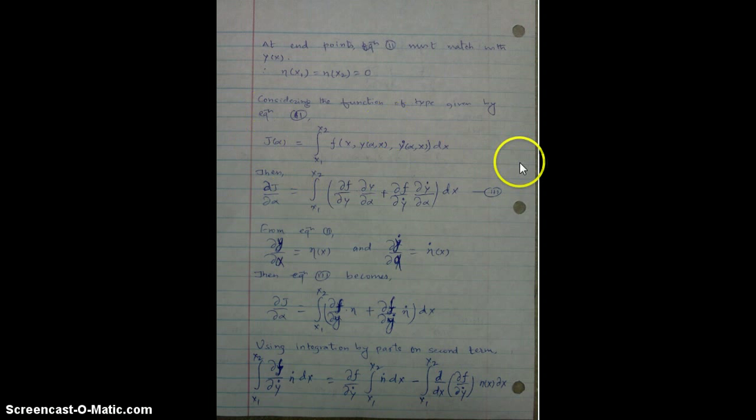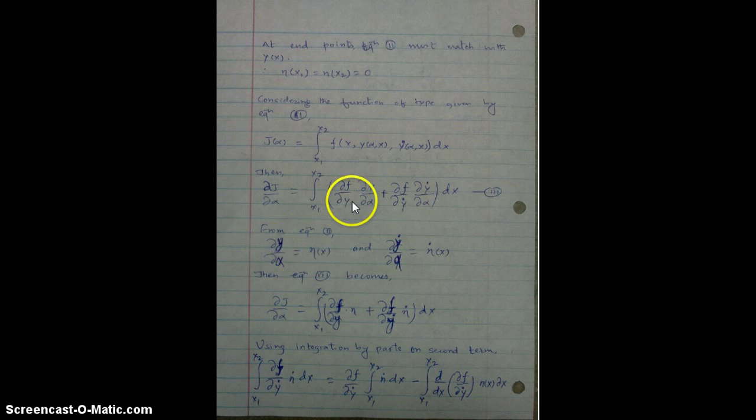So now if I take the partial derivative of J with respect to alpha, then it would be the partial derivative of f with respect to alpha, integrated dx. But now I have applied the chain rule so that I could get y and y dot here.